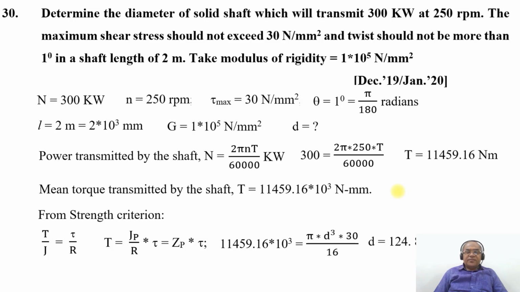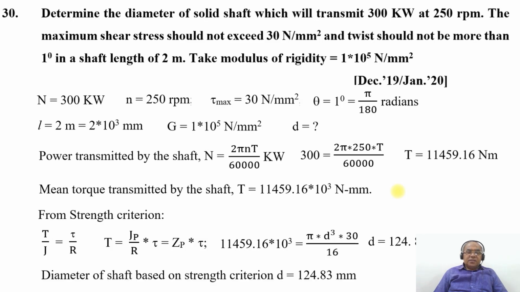On further simplification, we get D equal to 124.83 mm. Therefore, the diameter of the shaft based on strength criterion will be D equals 124.83 mm.